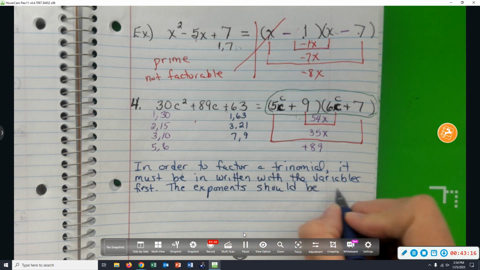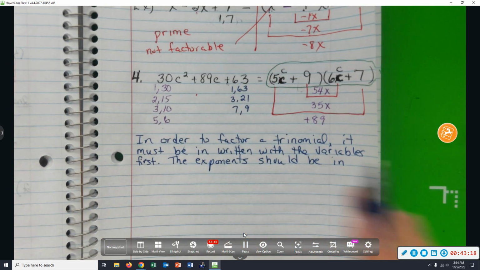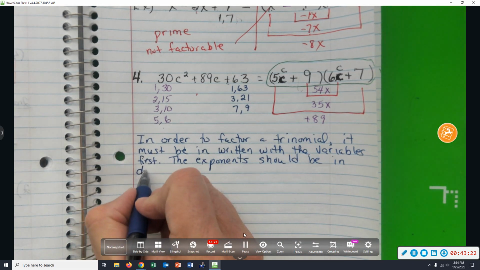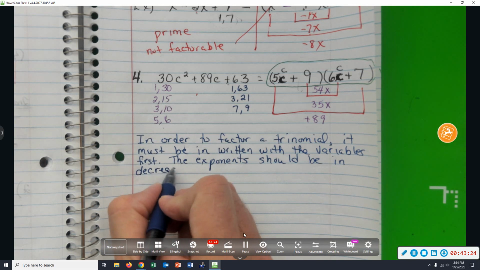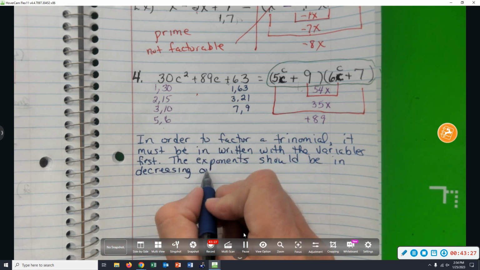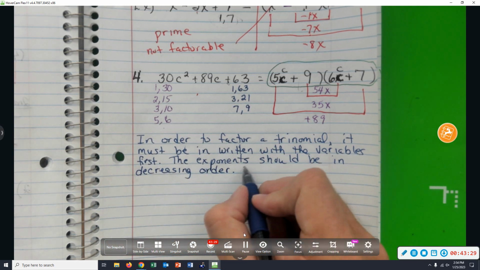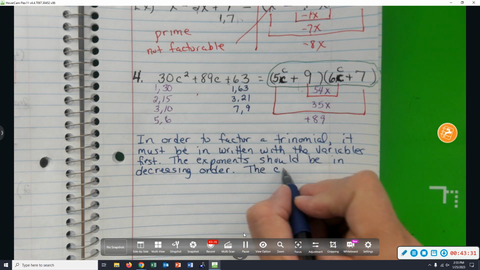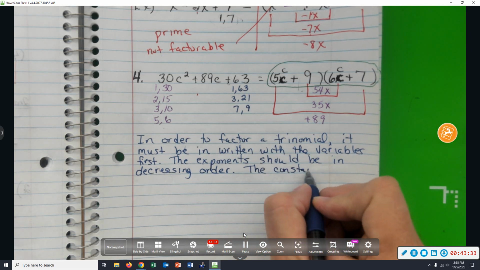Now, if this is one of those times when I'm up here writing and it's not showing, call out. Order. The constant term, that's the number without a variable, should be last.